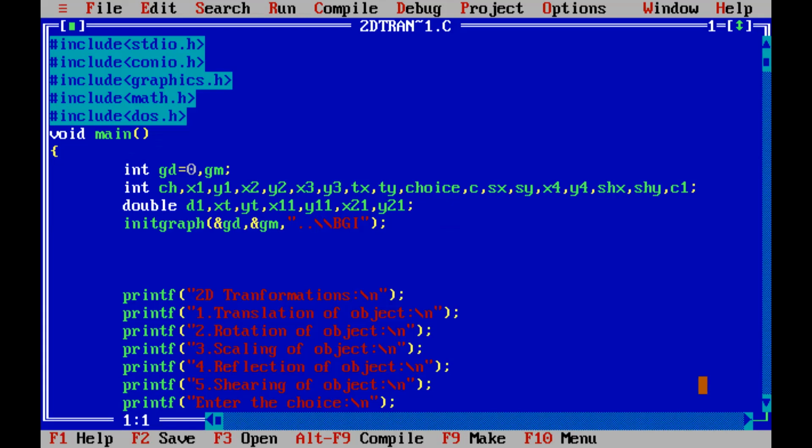Then we have seen that for rotation you require an angle of rotation. Here also we are going to accept the angle of rotation from the user side. And in terms of cos theta and sin theta, you developed the T matrix. If you remember the rotation T matrix, the anticlockwise direction is considered positive, right? Counterclockwise rotation is considered positive for rotation.